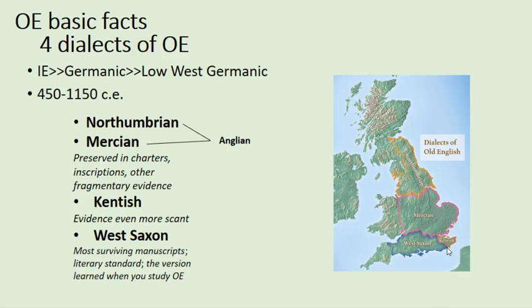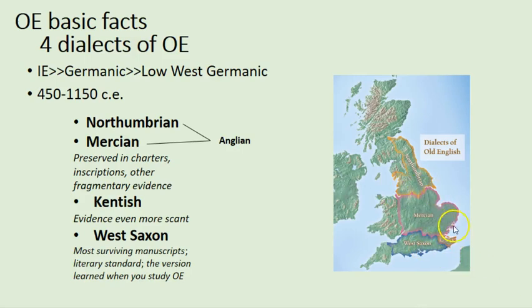Canterbury, Cantaburga, being the Old English word for the fortified town of the Kents. That's what Canterbury means. And Wessex is this area here, and there they spoke West Saxon. So Northumbria, Mercia, Kent, and Wessex are where Northumbrian, Mercian, Kentish, and West Saxon are written.